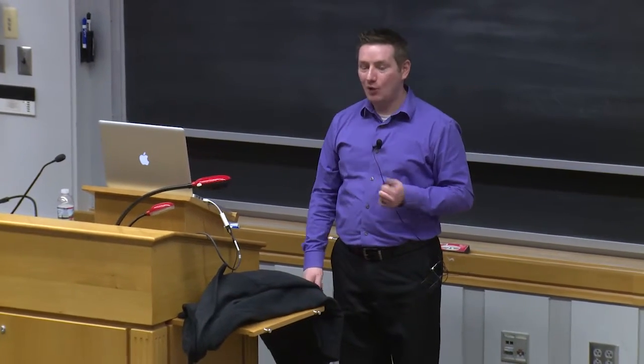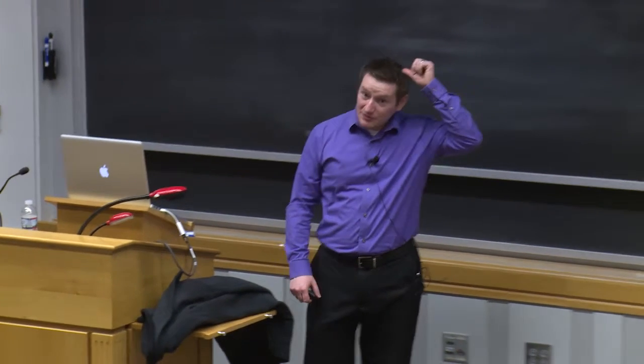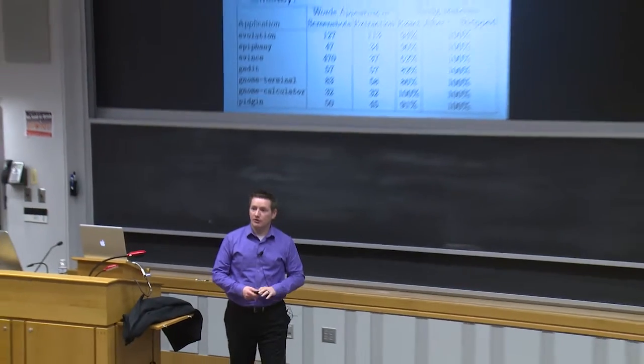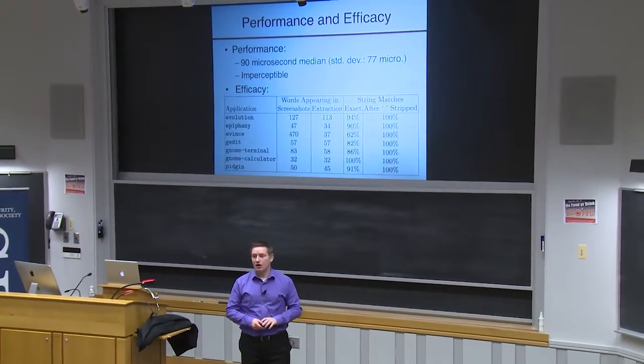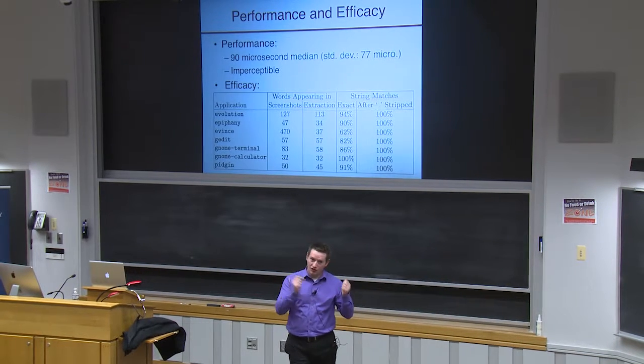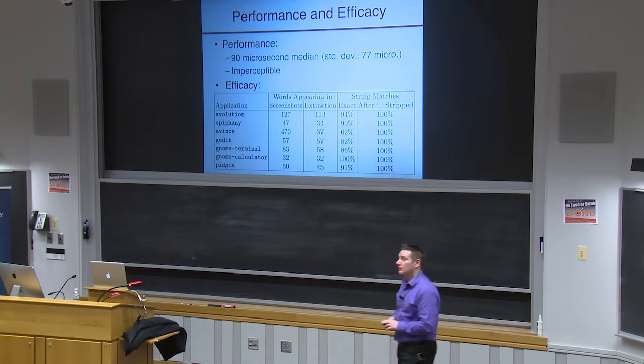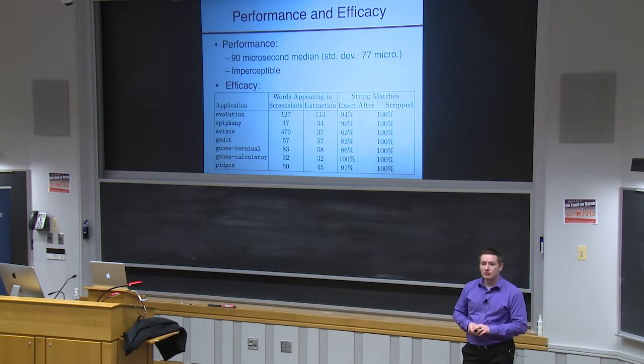So how well does it work, and what are the performance overheads? Performance overheads are tiny. Before we were talking about milliseconds. Now we're talking about 90 microseconds to actually take the text from one of these functions and write it down, essentially. And we only have to do that when the text is created.